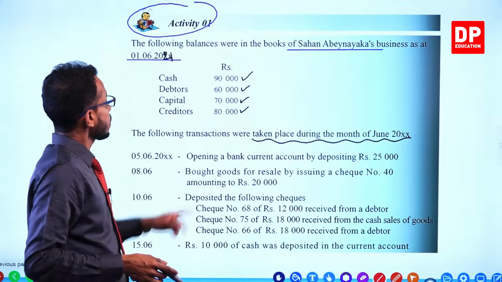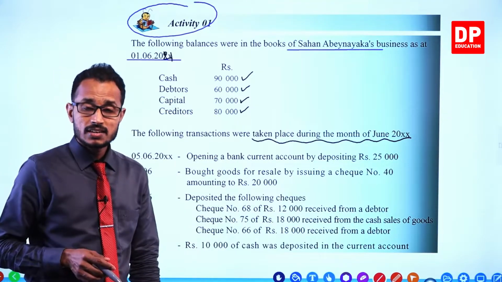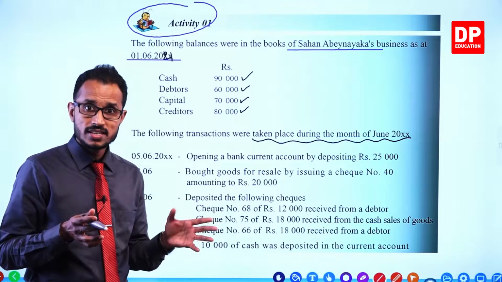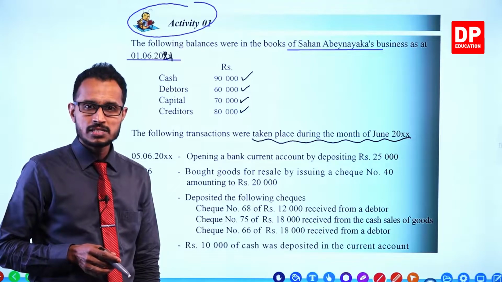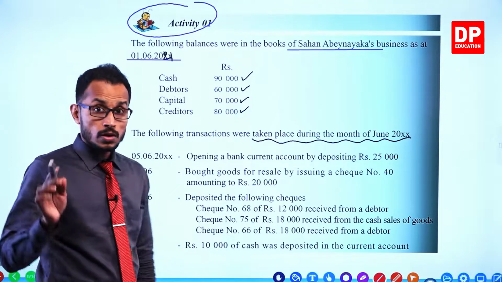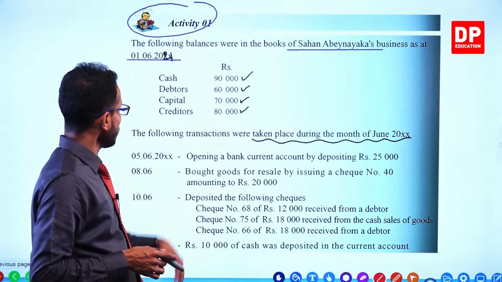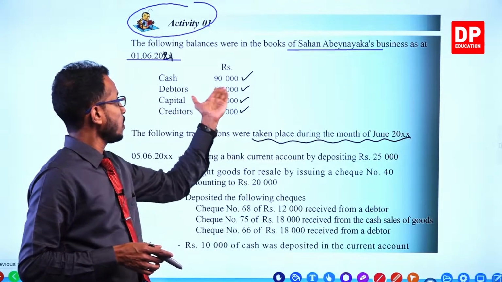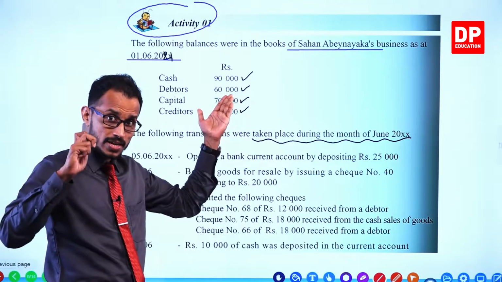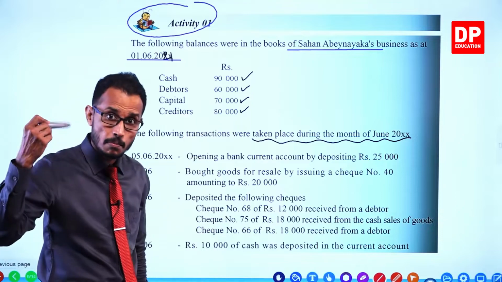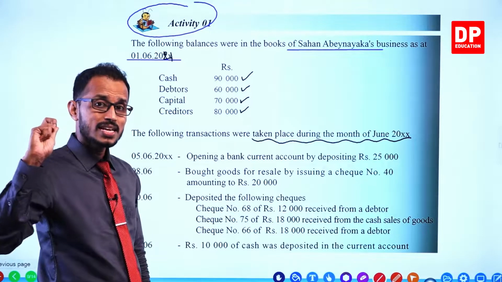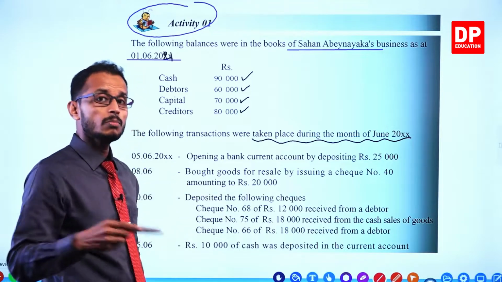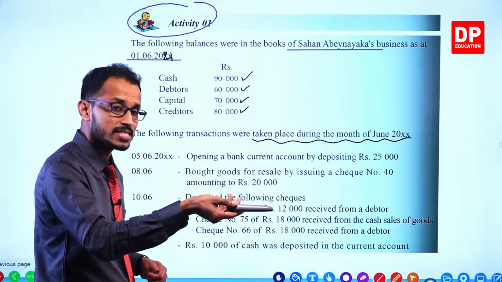Okay. First, if balances are given, children, this is a running business. This is a continued business, not a newly started business, not a new commencement. So at the end of last period, the last month, there are balances brought forward to this month.